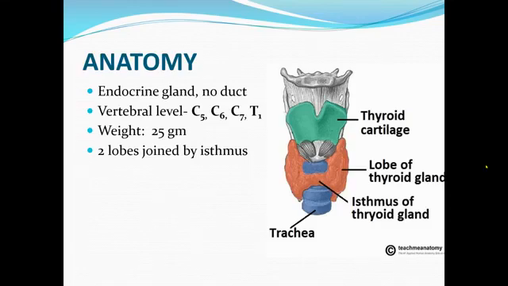The apex extends up to the oblique line of the thyroid cartilage. The base extends up to the 5th or 6th cervical vertebral level.